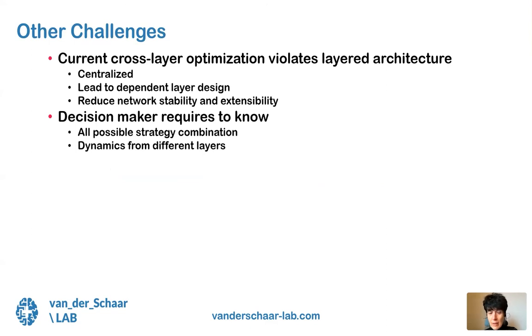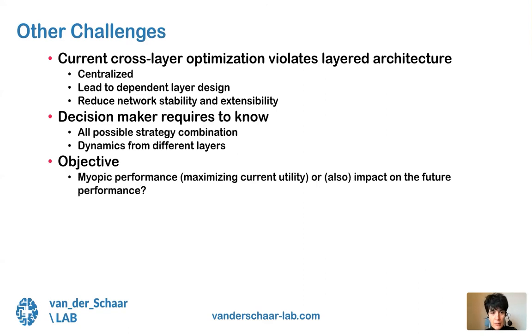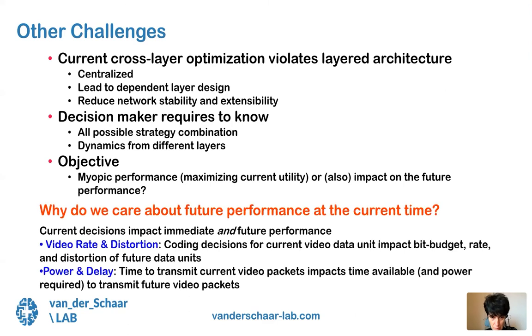And this may be very ineffective and also may violate intellectual property considerations, because different layers may not want to communicate this information to another layer of a competitor. Also, the problem still remains that we want to solve not a static optimization problem or a static learning problem, but rather a dynamic problem where we optimize the long-term utility, the value function and the Q function.